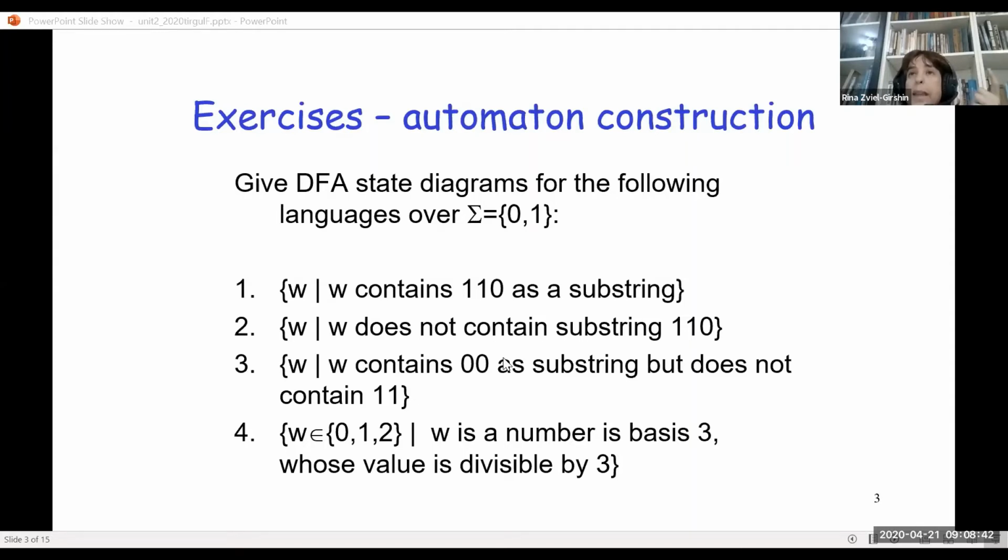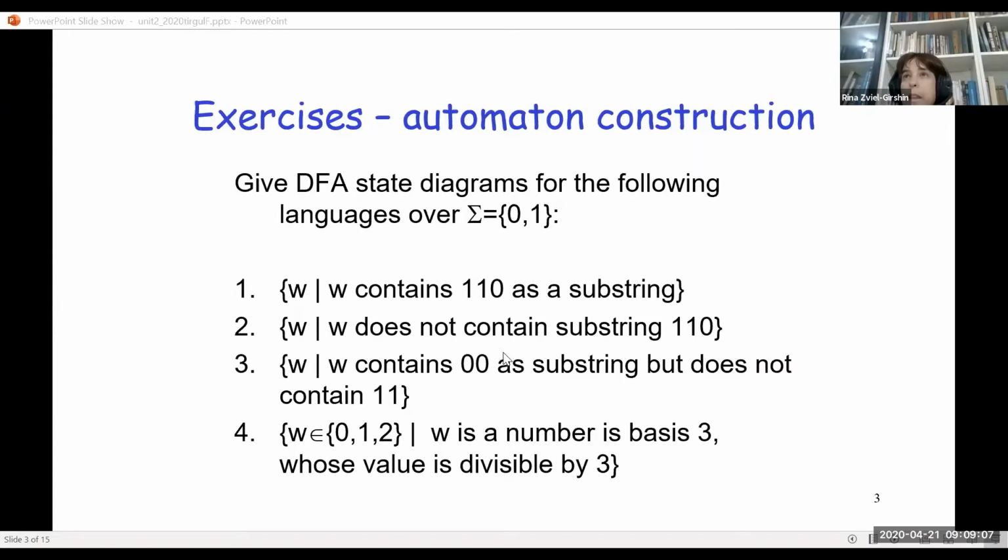So basically the idea is that you have to watch two things. You have to find 00, and if you found it, good. You have to watch substring 11, and if you found it, once again, it's good because you know that you have to reject the word, and you have to watch everything in between.